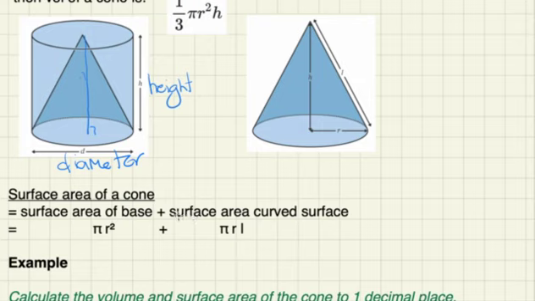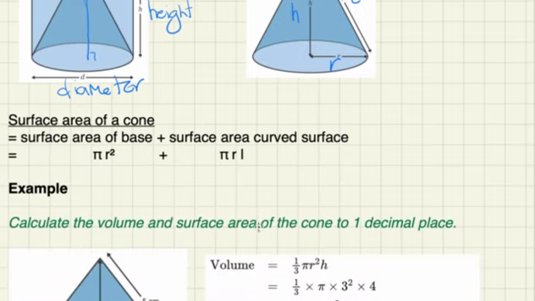Then all you need to do is add on the formula for the surface area of the curved surface, which happens to be pi r L, and this L is not the perpendicular height as we saw earlier, but the length of this slope here. I don't know how clearly you can see this. This is the height, this is the length of the slope, and this is the radius r. So keep those 2 things in mind. Surface area of the cone, pi r squared plus pi r L.